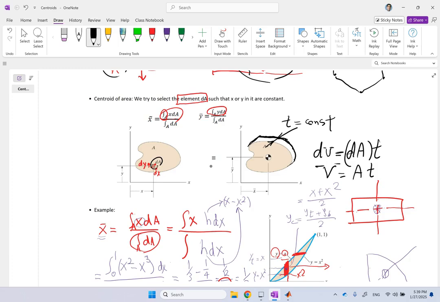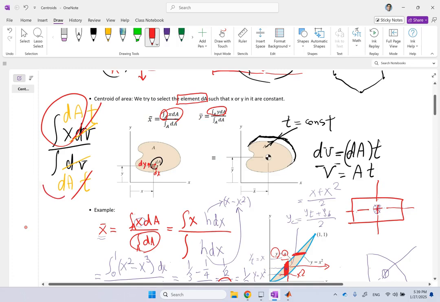Okay? Then when you say integral of x dV over integral dV, if you replace it here, make this dA times T, and make this dA times T. Since T is constant, you can get rid of it, and guess what you get? You get this one.